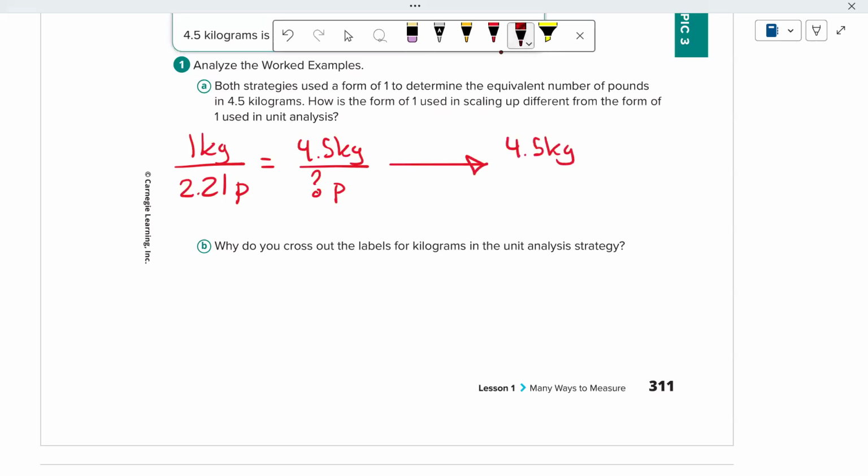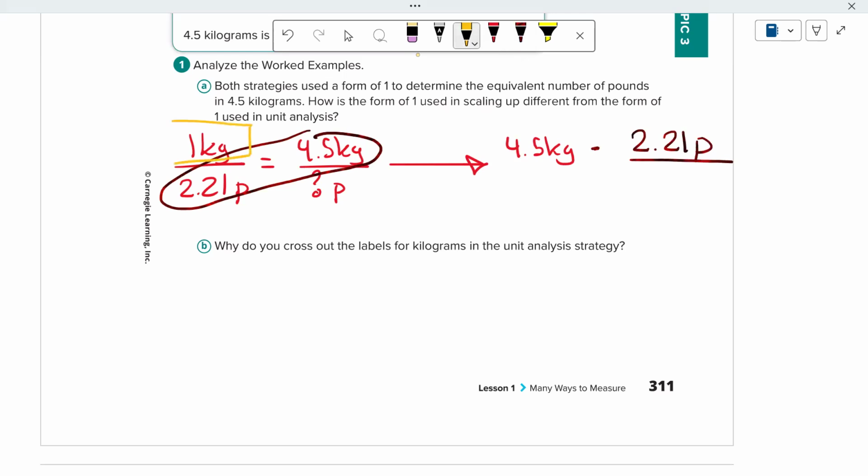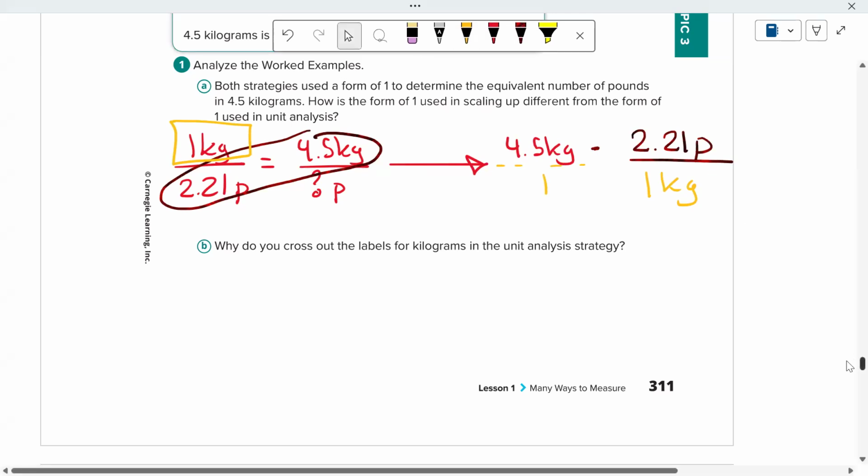Because if you did this the proportion way, what would you do? You would cross multiply, and then you would divide by a kilogram, which is the same thing as you did on top in the other example.